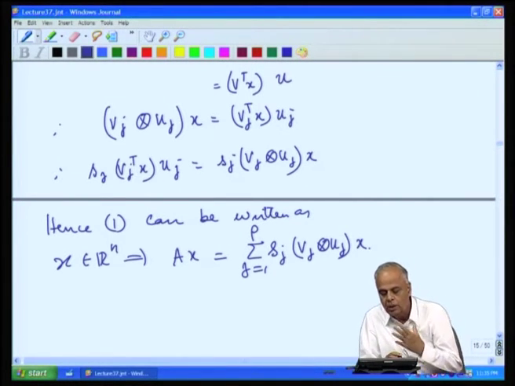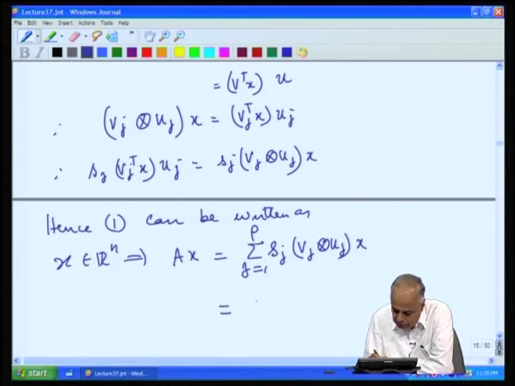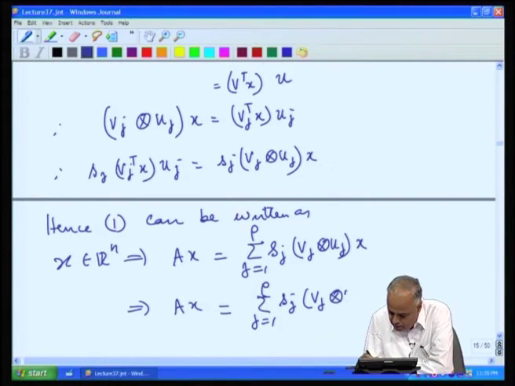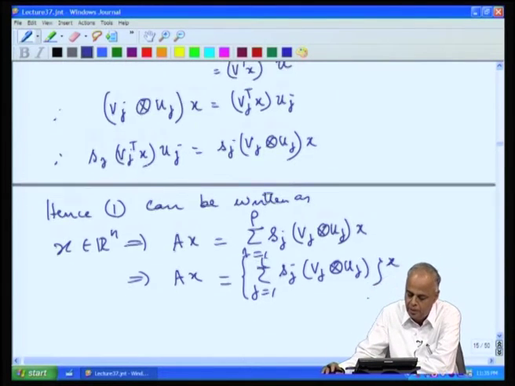So, in other words, it is the action of x on a number of matrices. We can write this as summation j equal to 1 to rho S j v j tensor u j, this whole thing acting on x.